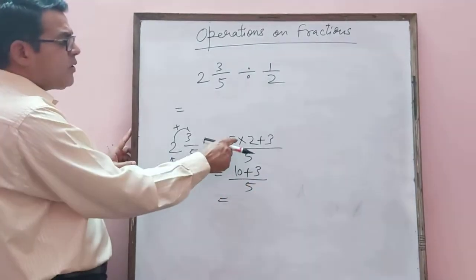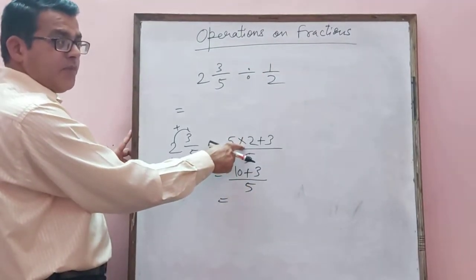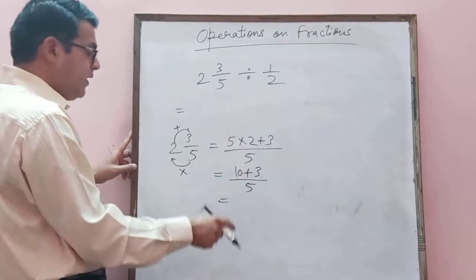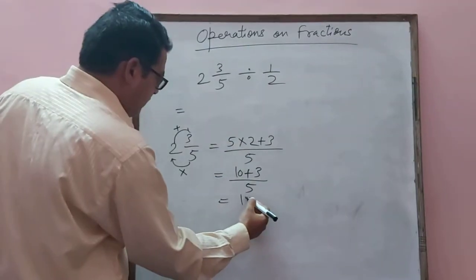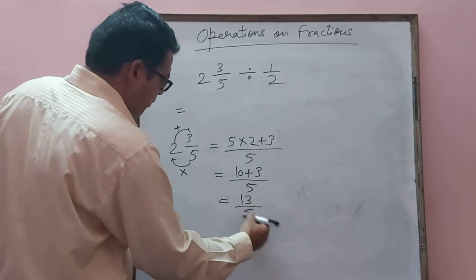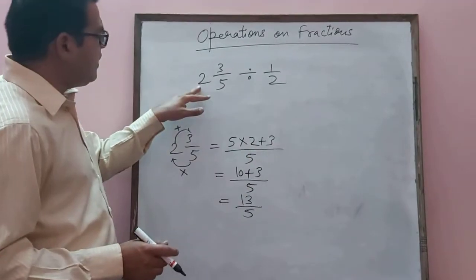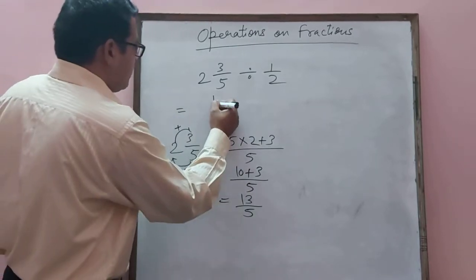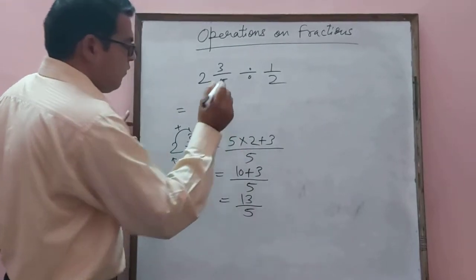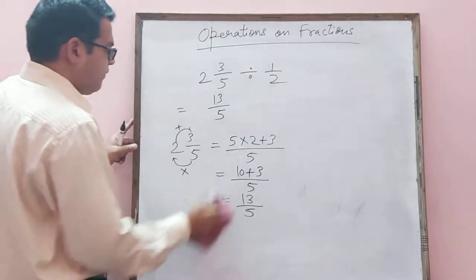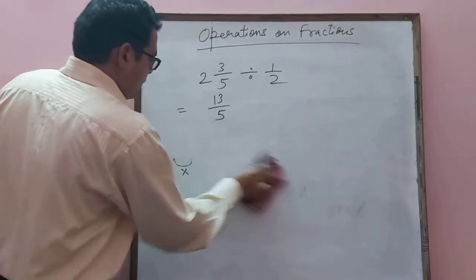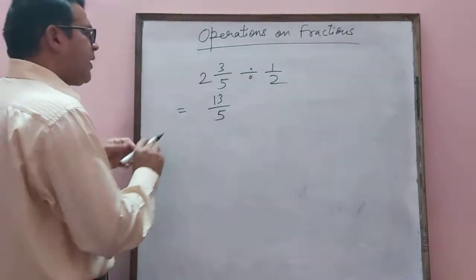Of course first we have to multiply according to the BODMAS rule, right? So 10 plus 3 is 13, 13 upon 5. So we can write 13 by 5 here after converting.